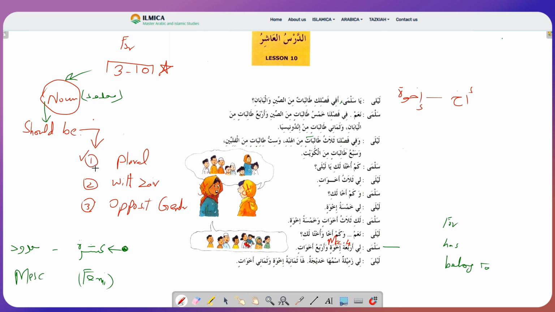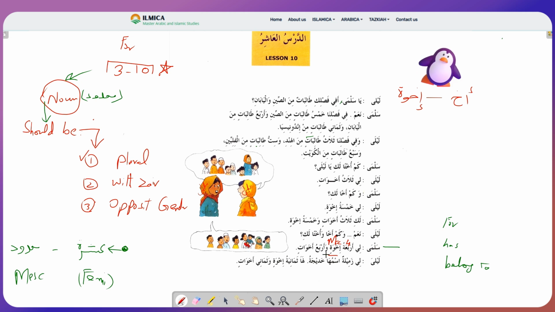Second, it should be with tanween, and there is a tanween, ikhwatin. And the third thing is it should be opposite gender. Arba'a is feminine and ikhwa is masculine. So all things are fulfilled here. I have four brothers.